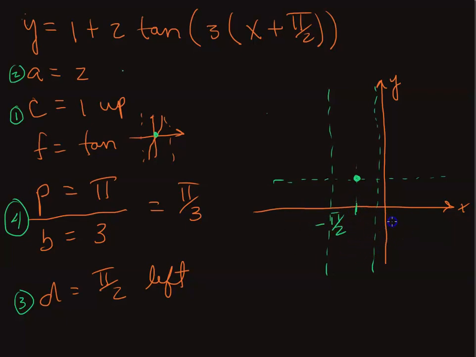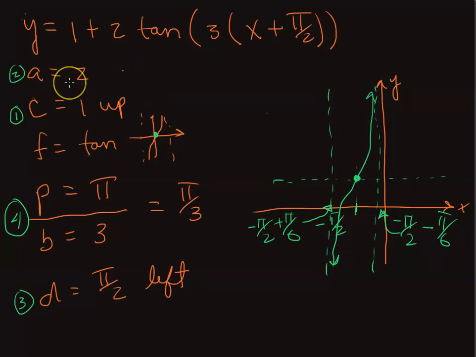If we take pi over 2, negative pi over 2, and subtract pi over 6, we'll get to this one. If we take a negative pi over 2 and add pi over 6, we'll get to this spot. And the tangent starts down and ends up, stretched a little because of this 2.